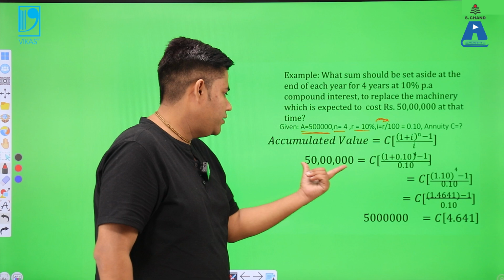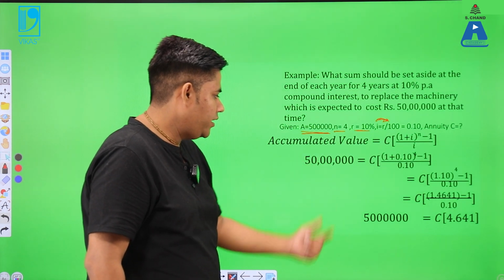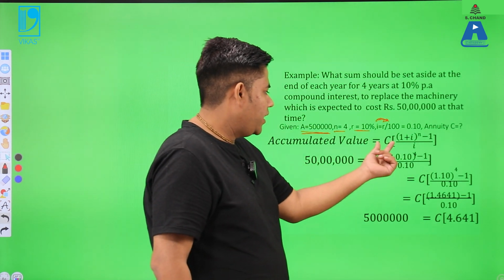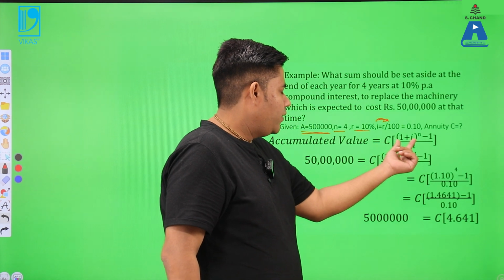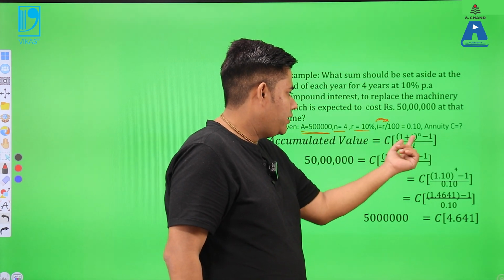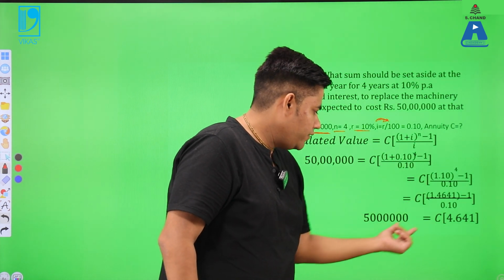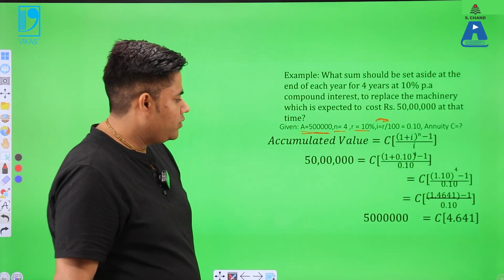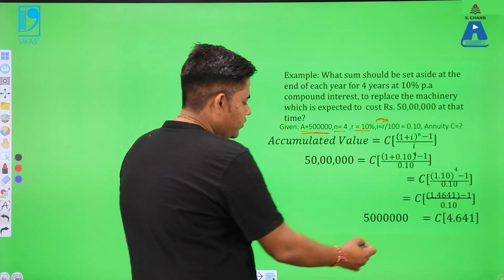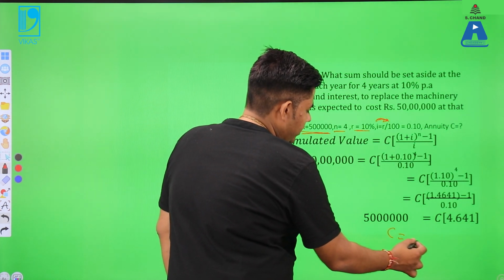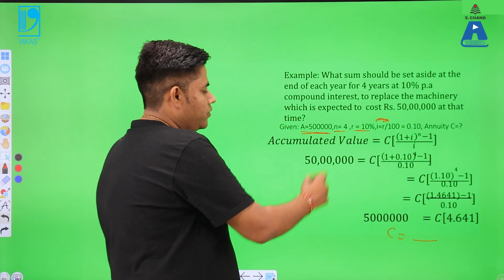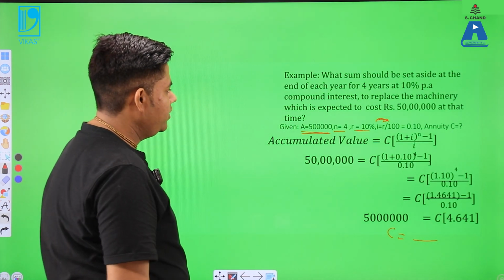The accumulated value is mentioned, so you can substitute this value here, and C is required. (1 plus i) is 0.1, raised to the power n, which is 4, minus 1, over 0.1. So with the help of simple basic arithmetic calculations, you can easily find out the value of C.